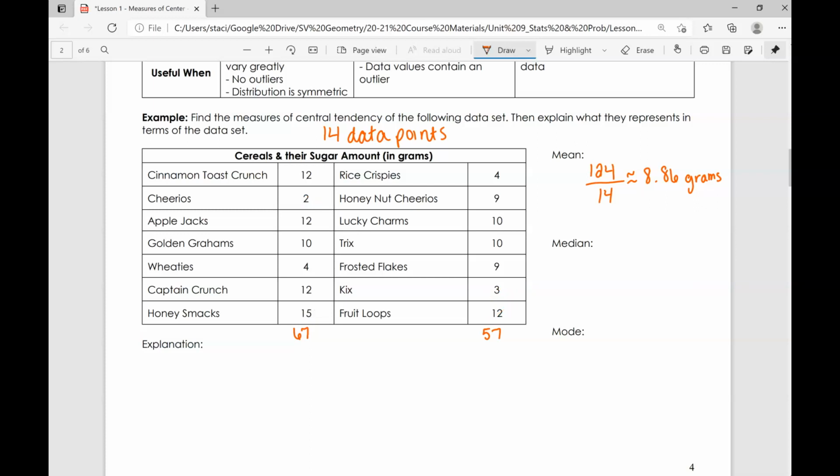So one thing that can be helpful is for you just to put your numbers in order. So I'm going to start. I've got 2, and then 3, 4, and I have two 4s. So I'm going to kind of cross them off as I list them in order. And then it looks like my next smallest number is 9, and it looks like I have two 9s. And then I've got three 10s. And then I have 1, 2, 3, 4 12s.